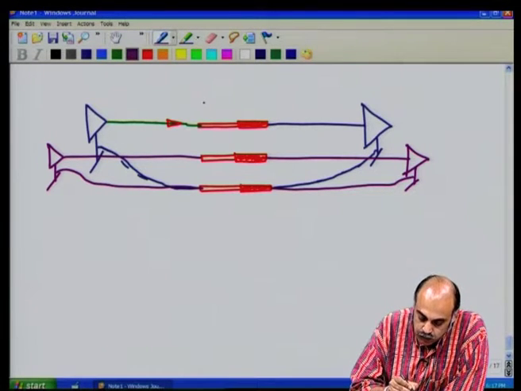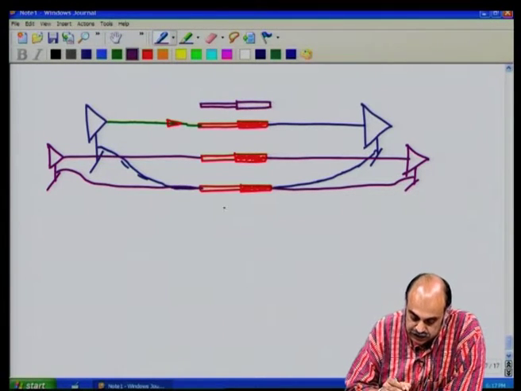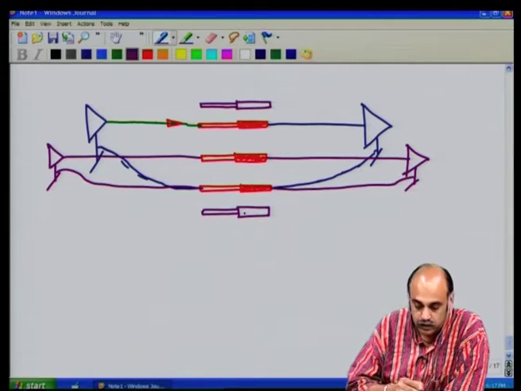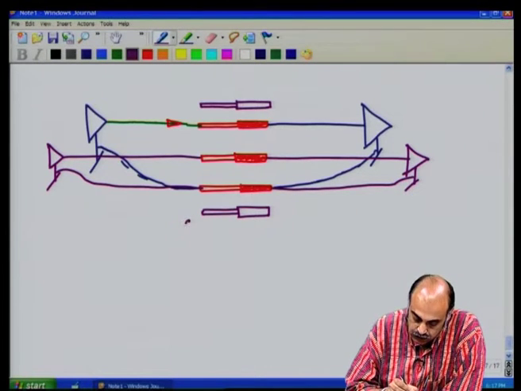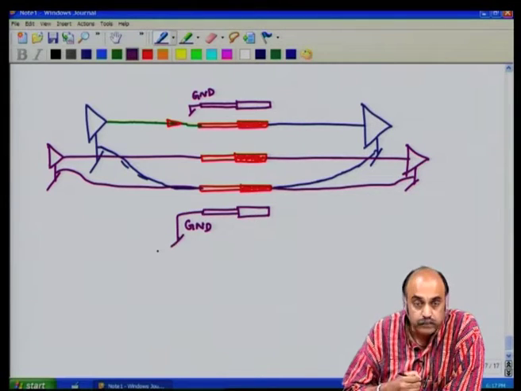Now, let us interpose two more ground lines, let us say one ground line here, probably another ground line here. So, this is also ground, this is also ground, meaning new grounds, we connect it like that.